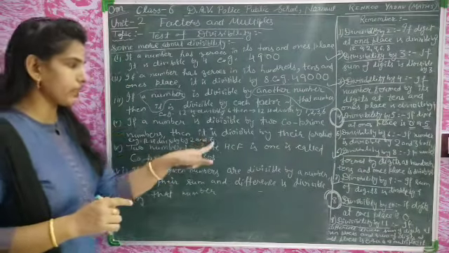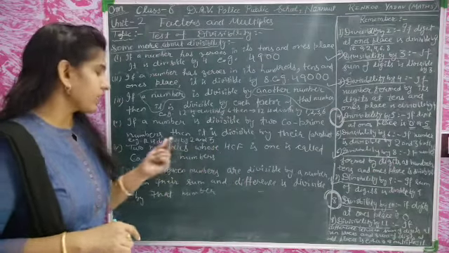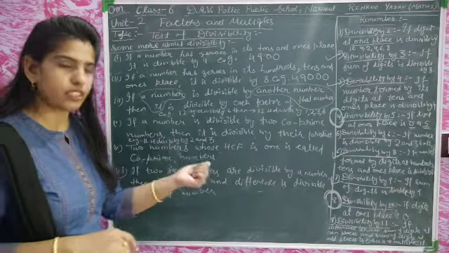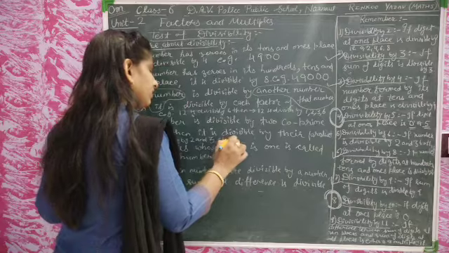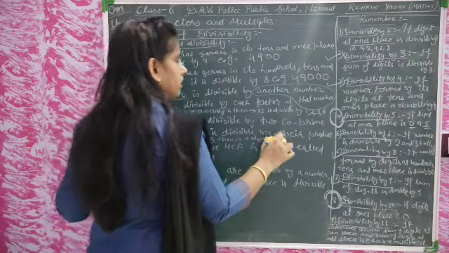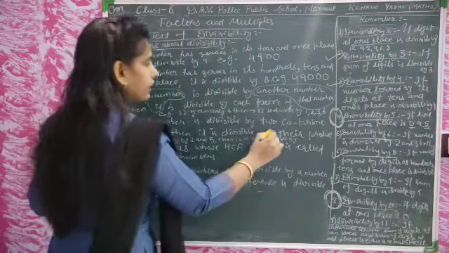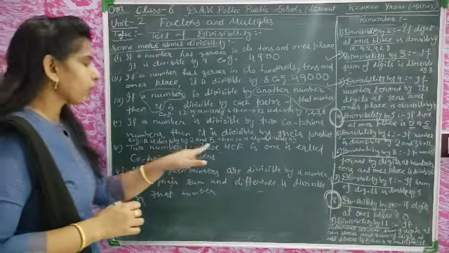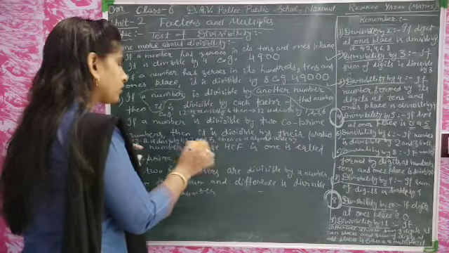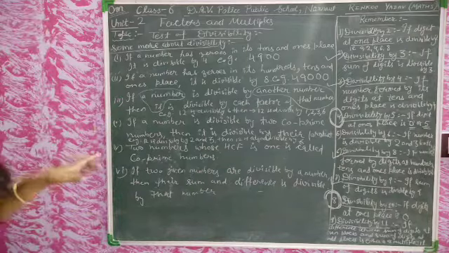These are the co-prime factors, 2 and 3. Then 12 is also divisible by the product of these two co-prime numbers. The product of 2 and 3 is 6. 6 also. Is it clear, students?